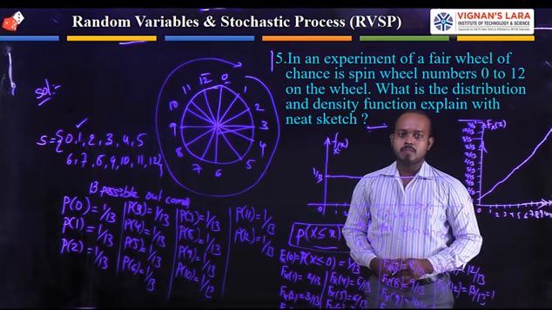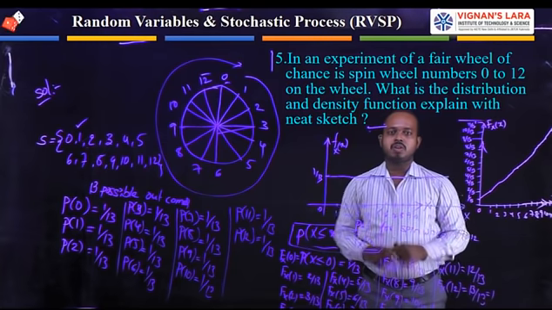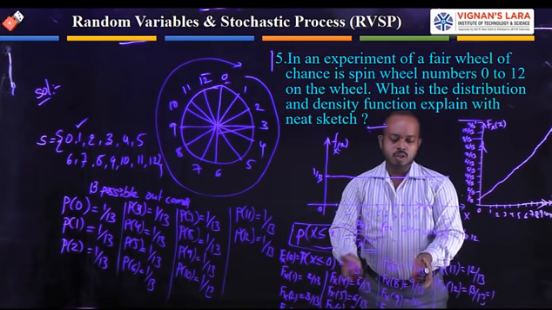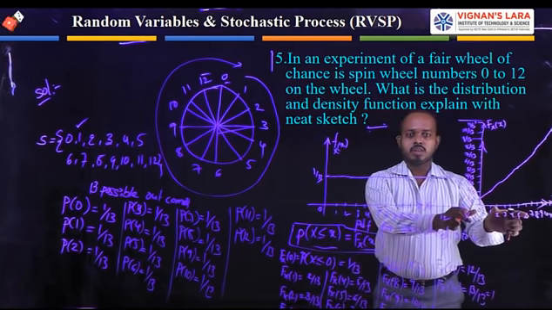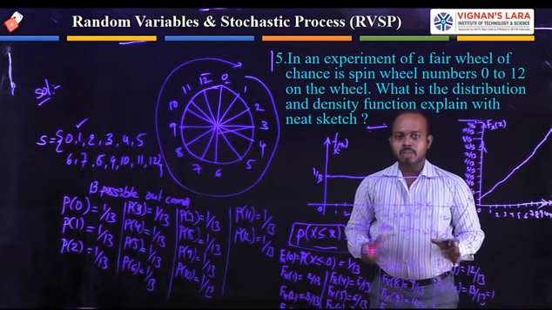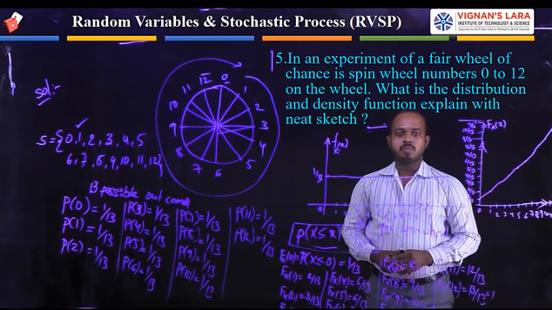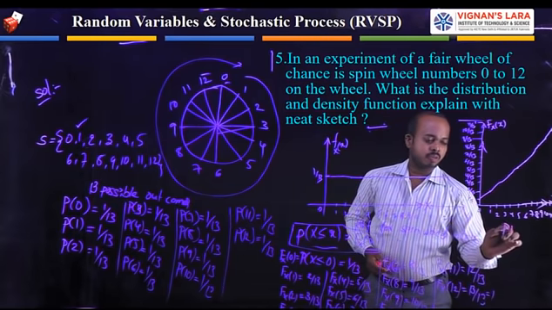After that, we plot the graphical representation of the density function, and the values we have for the distribution we represent graphically as the probability distribution function. This is the complete solution for this spin wheel, marked from 0 to 12, with its density function and its distribution function.